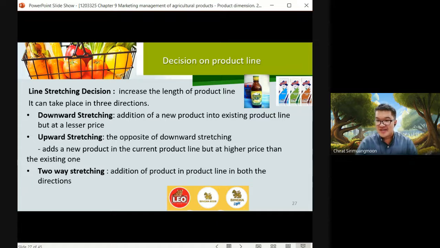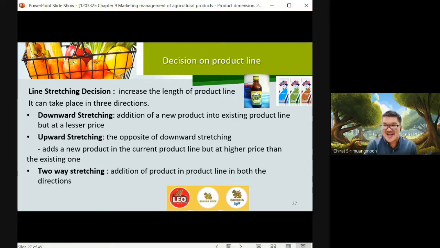The Malik or Jasmine brand normally focuses on evaporated milk, but they saw some opportunities because at that time they wanted more market share. So they created a new product, which is pasteurized milk. They increased the value, not just for evaporated milk. So we call it upward stretching.